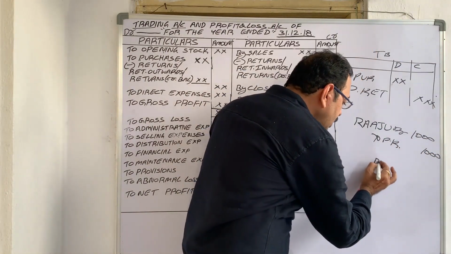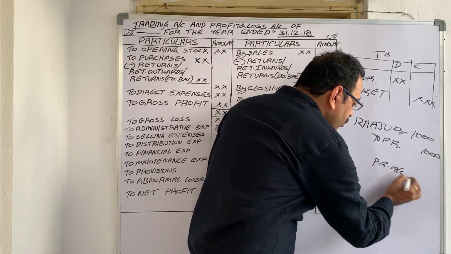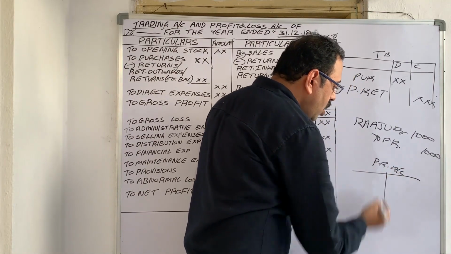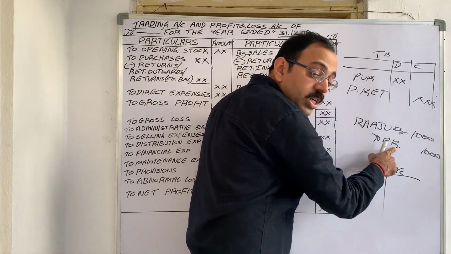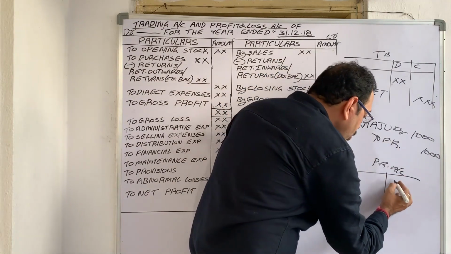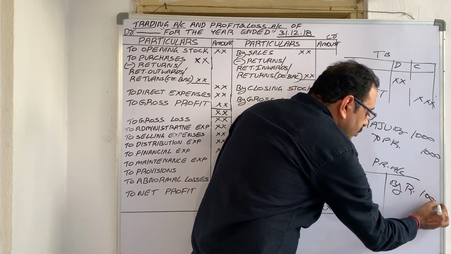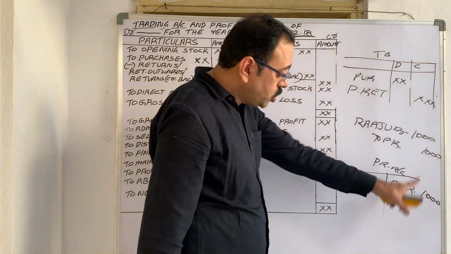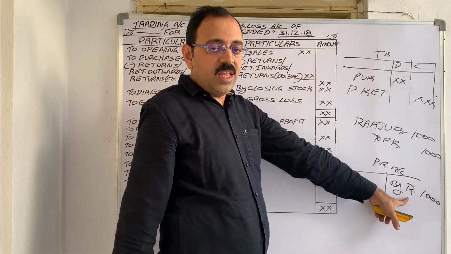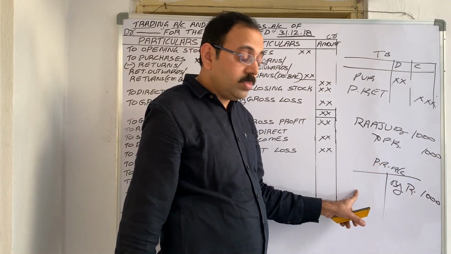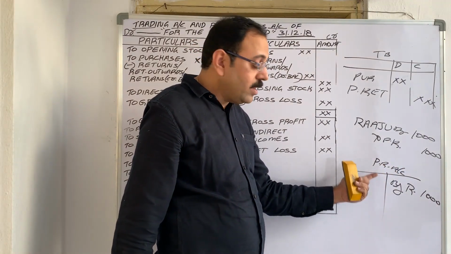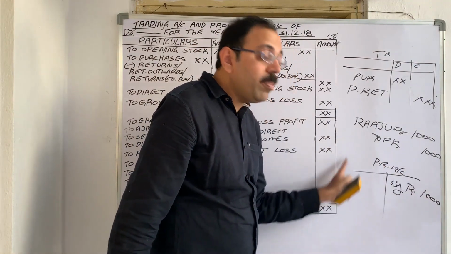Then in the purchase returns account, which side do we have to post this? On the credit side, because purchase returns are credited. So credit side, by Raju 1000. And if this is the only transaction, then which side does the balance carried down come? Debit side, and that balance is called a credit balance.